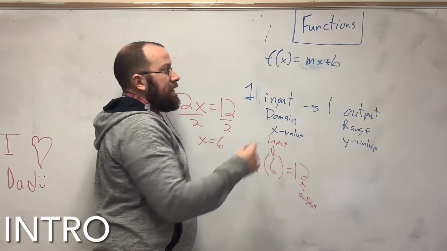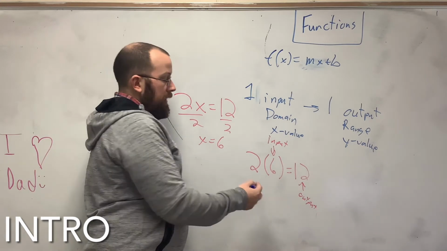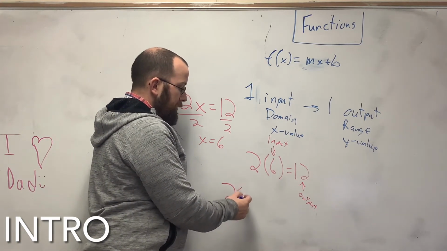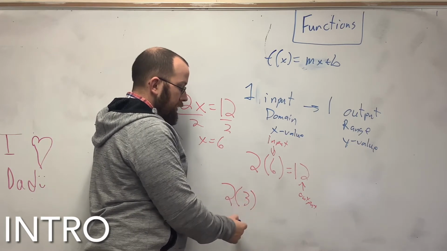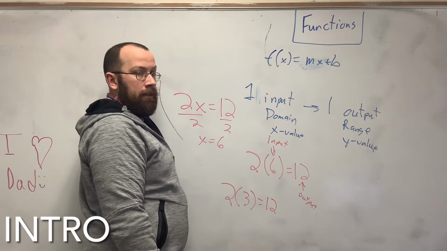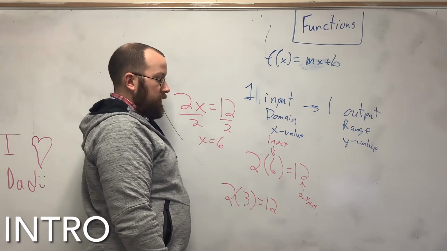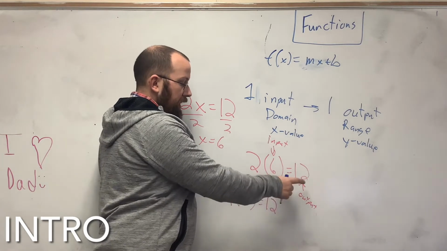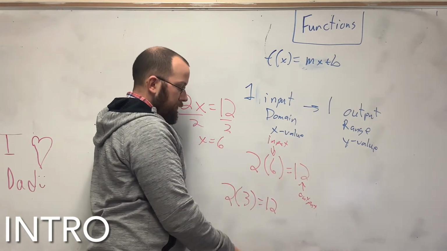Now what this is saying, one input for every one output, the next time I do this, I'm not going to say, oh, 2 times 3 is going to give me 12. No. When I input 6, I'm going to get my one output.